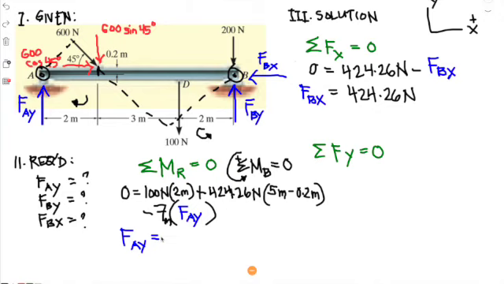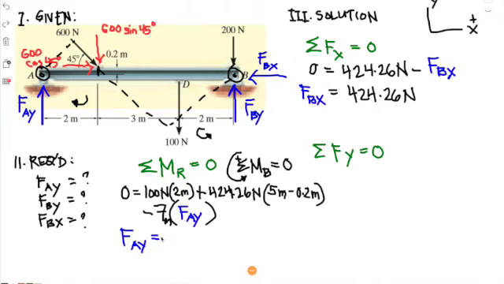That's sine 45 times 600 times 5 minus 0.2 or 4.8 plus 200 Newton meter. So the unit for the moment is Newton meter.